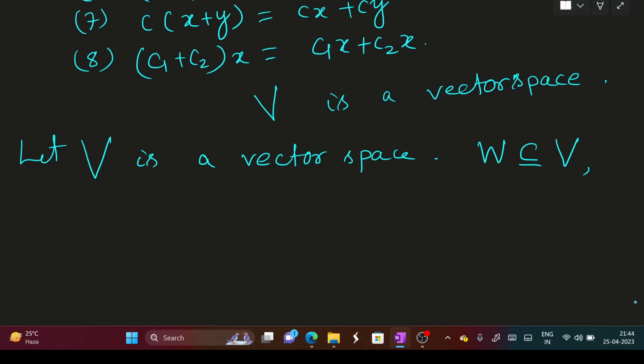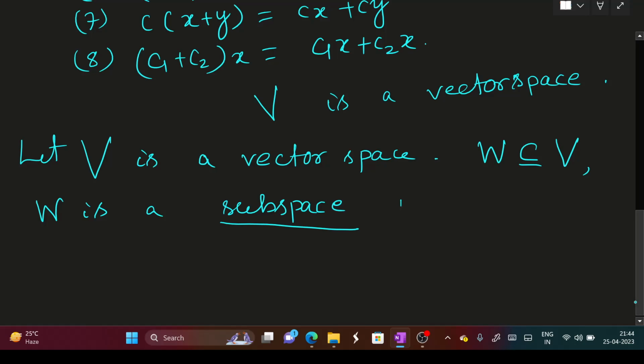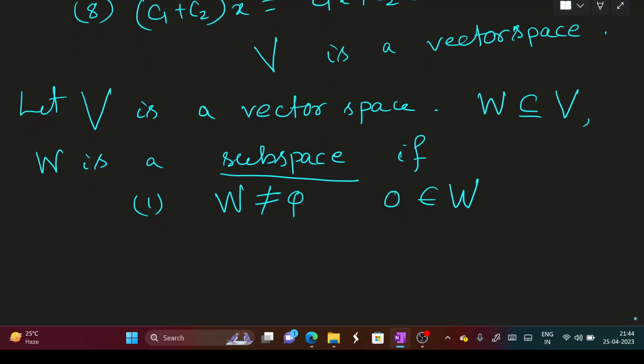Then W is a subspace, and it itself is a vector space, if W is not empty, that is, the 0 vector belongs to W, and W is closed under scalar multiplication and vector addition.